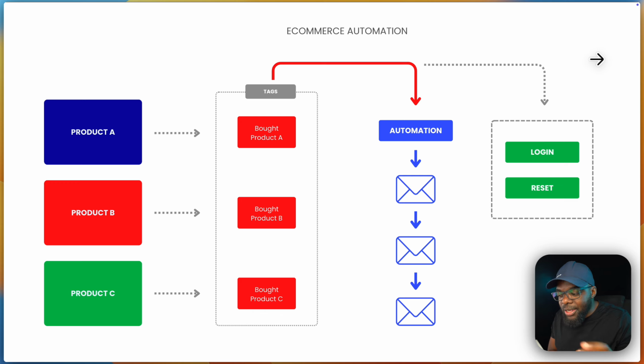Beginner website designers will just create an e-commerce website and that's it. But I'm showing you a system here. This system is so powerful because when someone purchases product A, they're going to get a tag. And once they get a tag, they're going to be set into an email automation system. This email automation system can be set to promote other products as well as send out coupon codes.